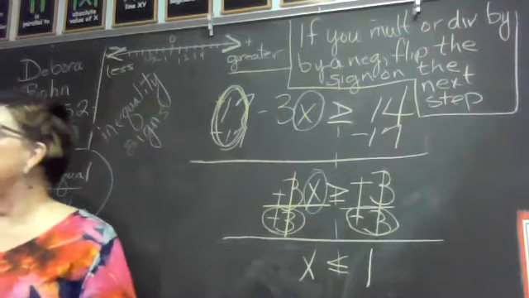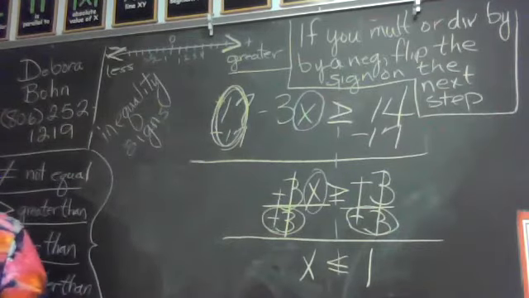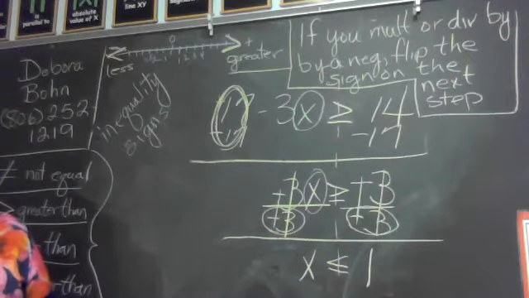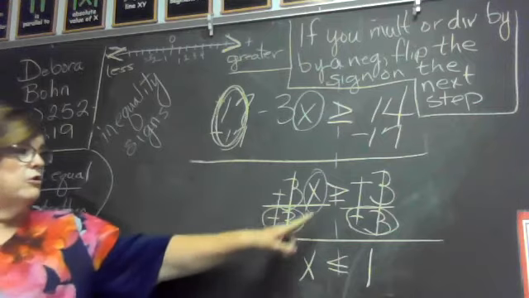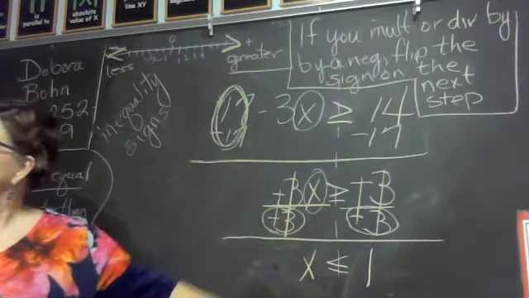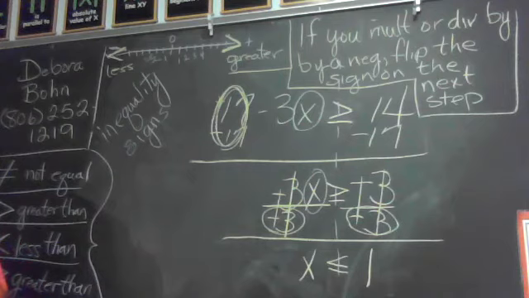This is in the inequalities. If you divide or multiply by a negative, then the very next step, you don't write this one, you flip it.